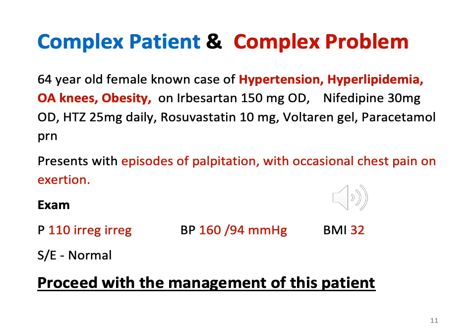Pulse is 110, irregularly irregular, blood pressure is high, BMI is 32, and the complexity is she can't walk around too much, and she's got multiple problems, can't lose weight, she has probably atrial fibrillation, so multiple problems, and it becomes a more complicated case. So in this case, how will you proceed with the management?